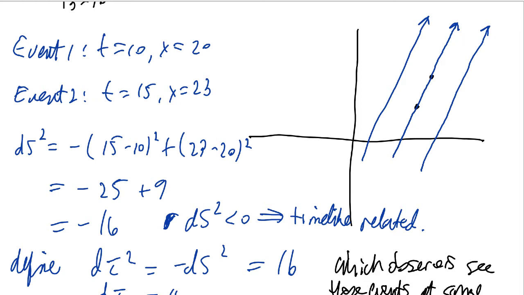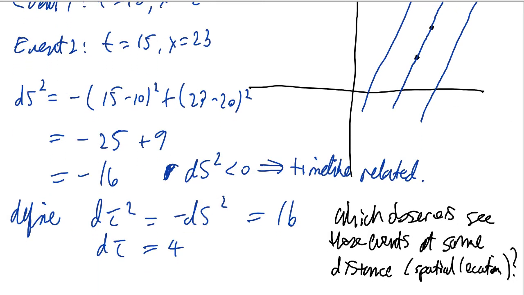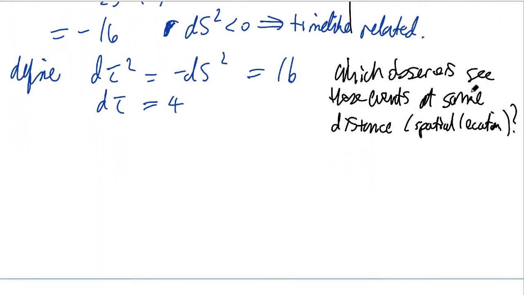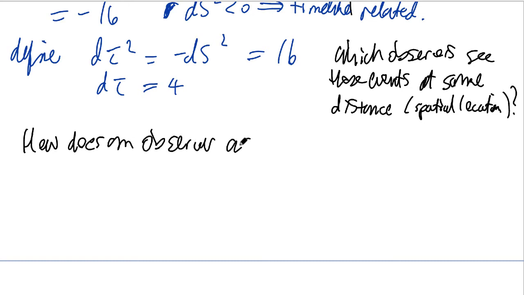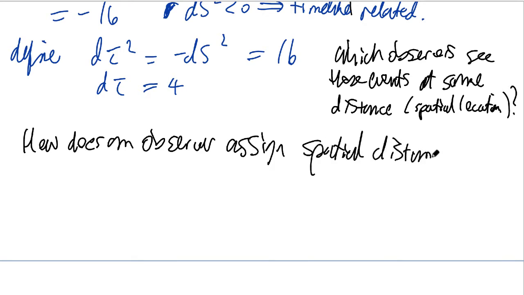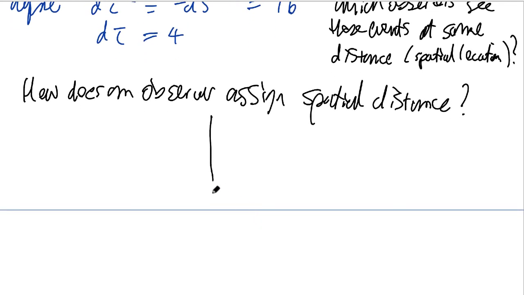Okay, so this brings up the more basic question: how does an observer assign a spatial distance to an event? Okay, well, here again is a space-time diagram.